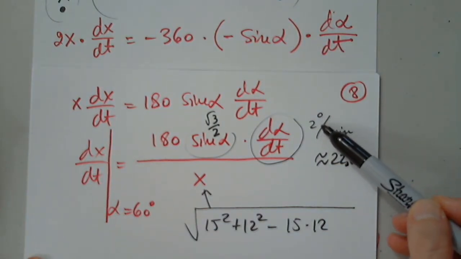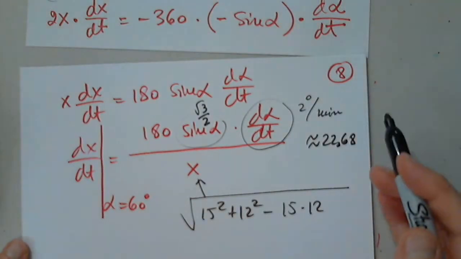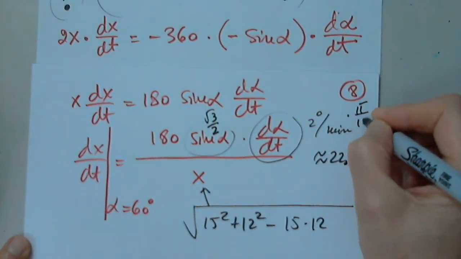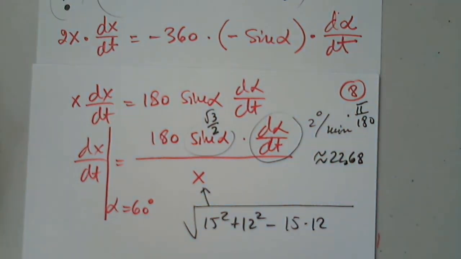I have to change the degrees, right? I just said that, and I didn't do it. Times pi over 180. So let's finish it up. They are very good at tricking us. So times pi divided by 180.